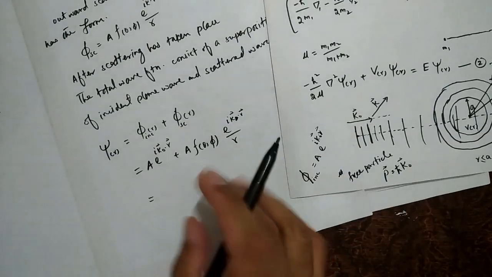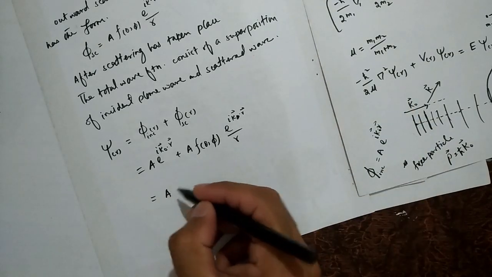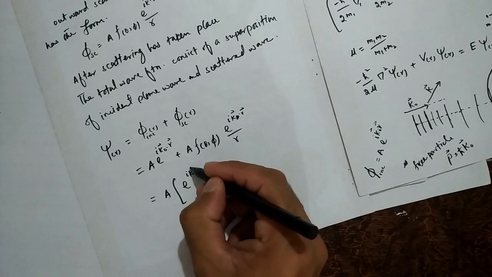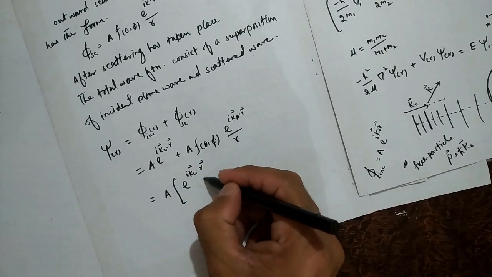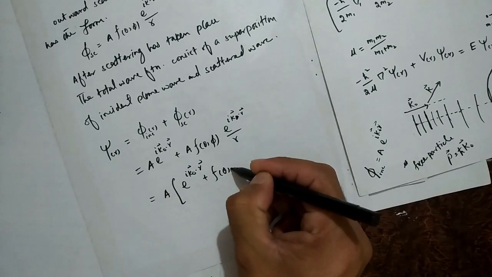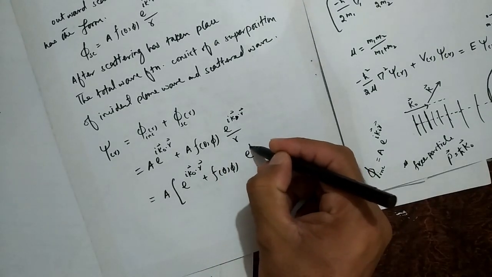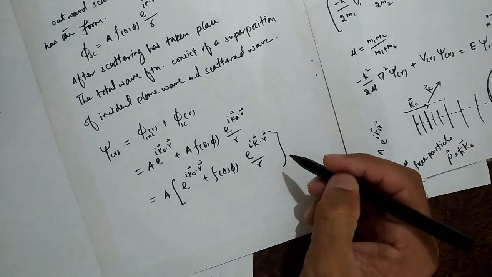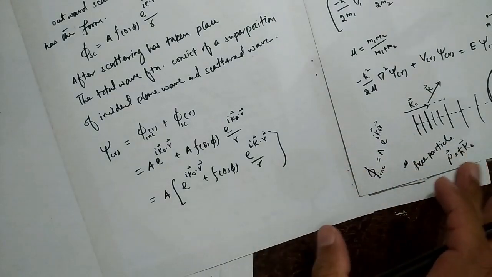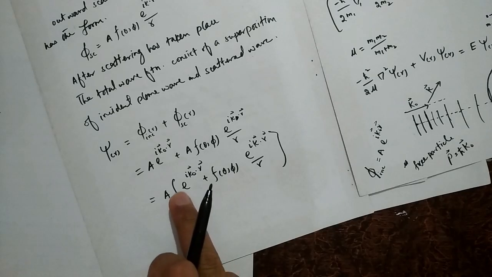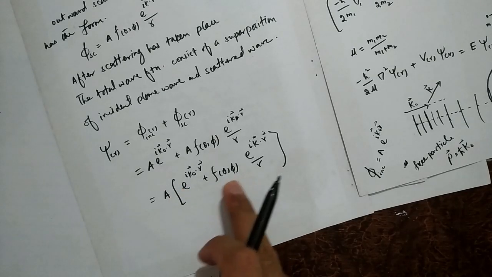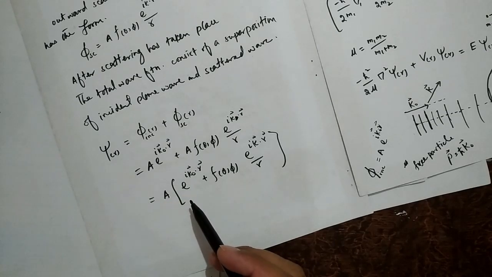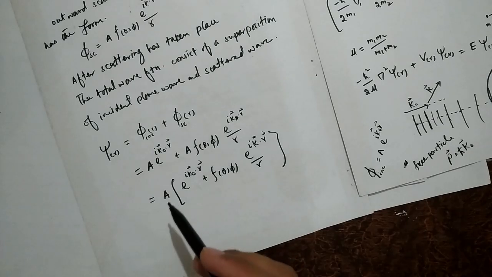We can write it in this form as A times e power i k naught r plus f of theta phi e power i k r over r. So this is the total wave function after scattering, which is the superposition of the incident wave function and the scattered wave. Here A is the normalization factor and it doesn't affect the cross section.